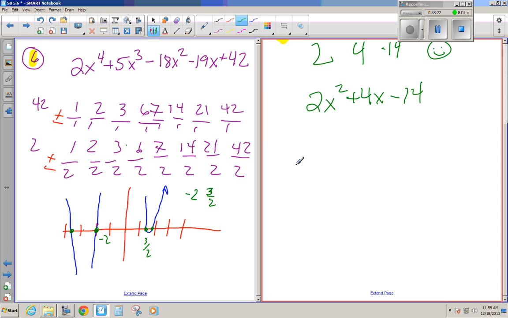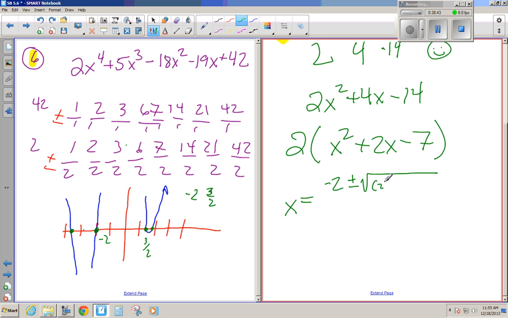And from here, you look to see if it's factorable, which unfortunately it's not. So then we have to go back and use the quadratic formula. x equals opposite b. So x equals opposite b is -2, plus or minus the square root of b squared minus 4ac, all over 2a.